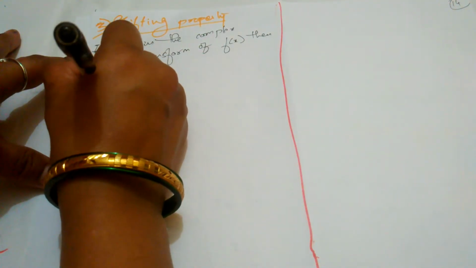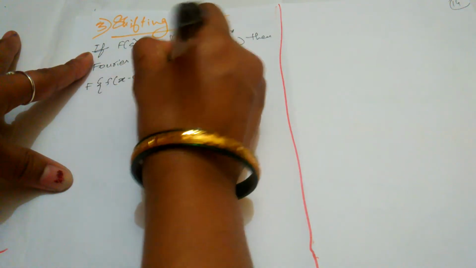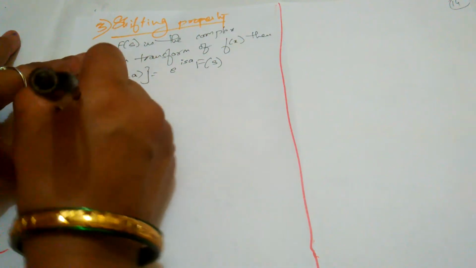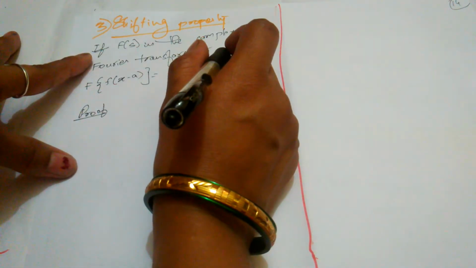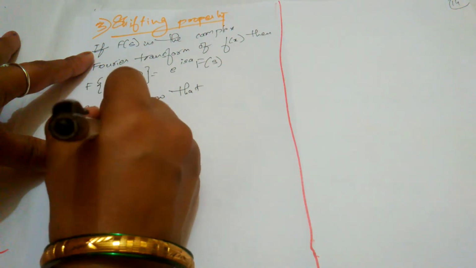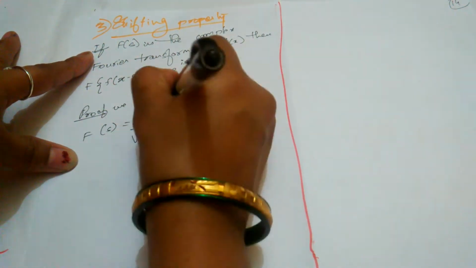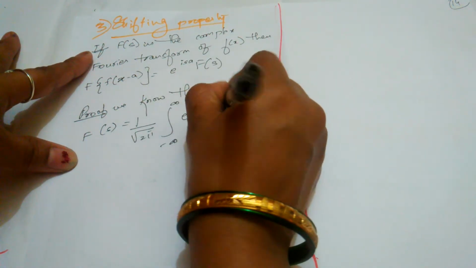Capital F of small f of x minus a is equal to e raised to i s a into F of s. So what we have to prove is this is equal to this. So first step, what we know is that F of s is equal to 1 upon square root of 2 pi integral from minus infinity to infinity e raised to i s x f of x dx.